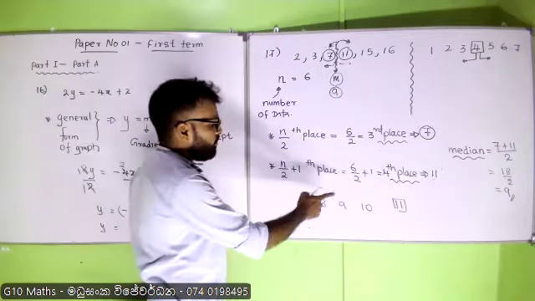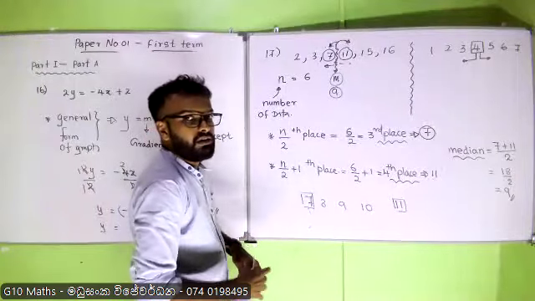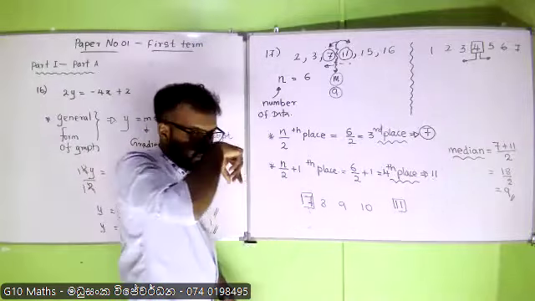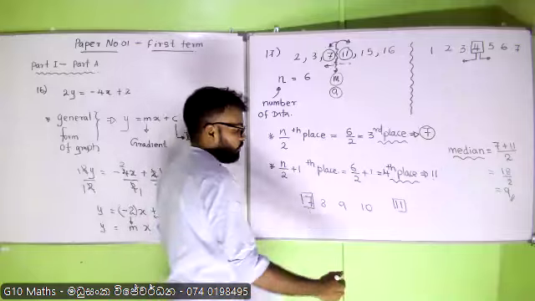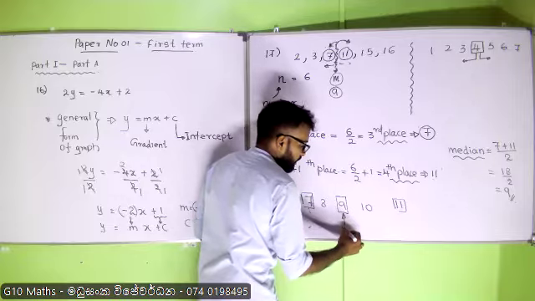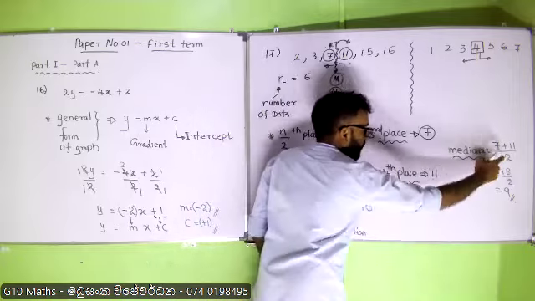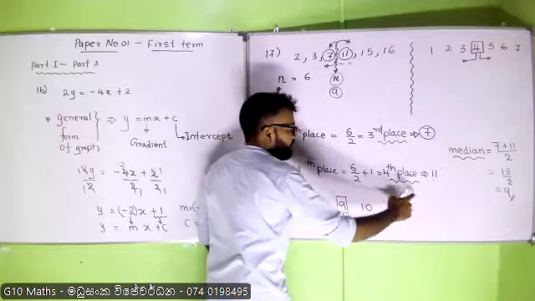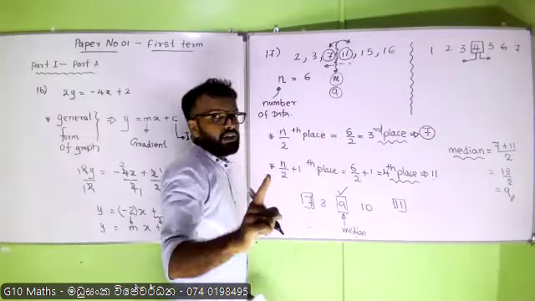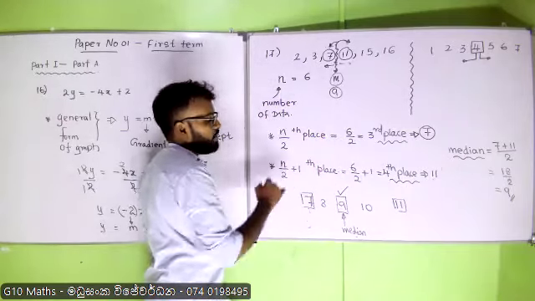What is the median value for 7 and 11? By looking at this, you can tell me the middle number: 9. This is the median. To get this median value, we add 7 and 11 and divide by 2. That's why we calculate the n divided by 2 place and the n divided by 2 plus 1 place.